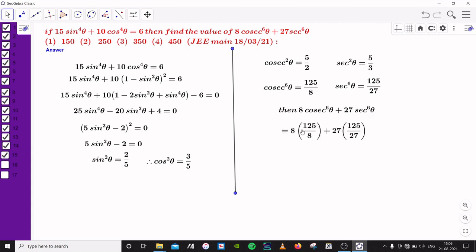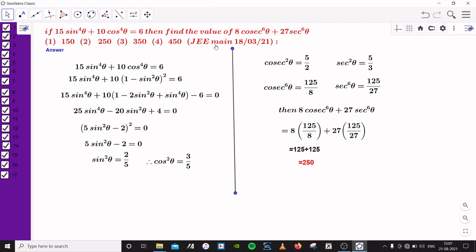That's equal to 8 into, what is the value of cosec raised to 6 theta? 125 by 8. Similarly, sec raised to 6, 125 by 27. 8 and 8 cancel, 27 and 27 cancel. The remaining terms are 125 plus 125. That is 250. That is your option 2. The second option is the answer.